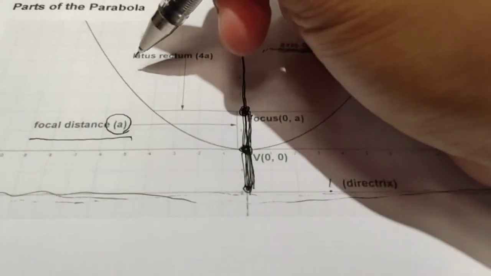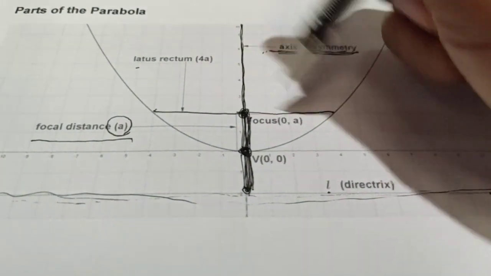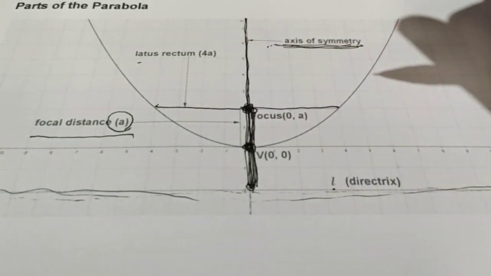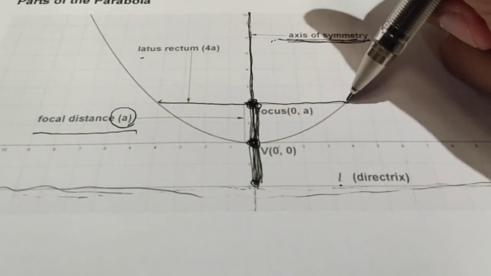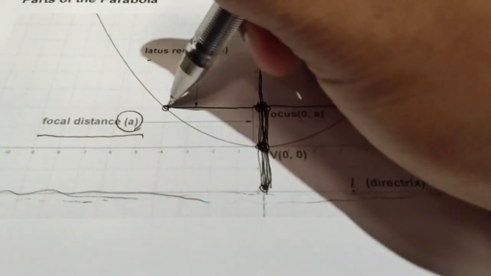The latus rectum is the segment through F with endpoints on the parabola.